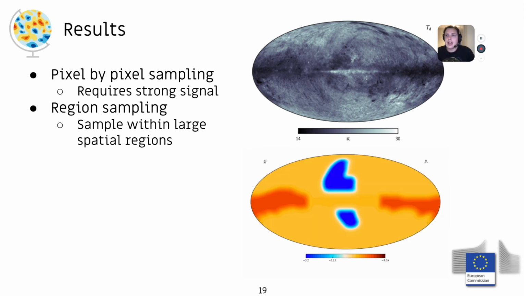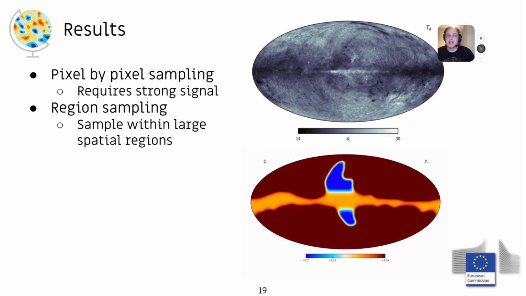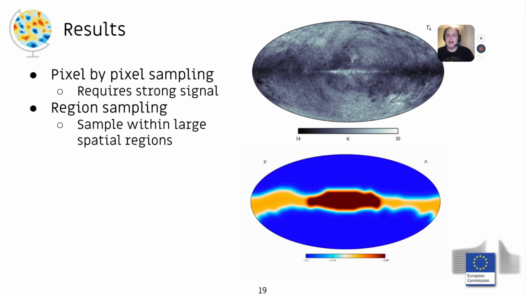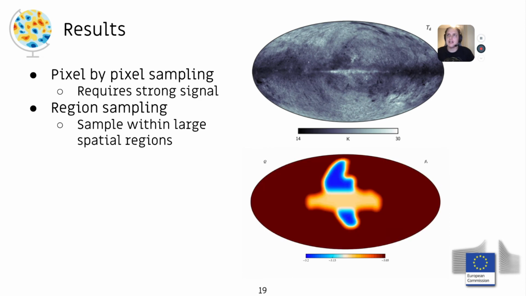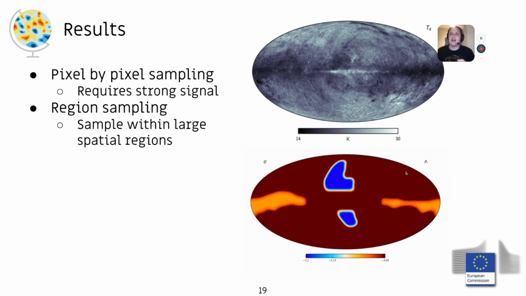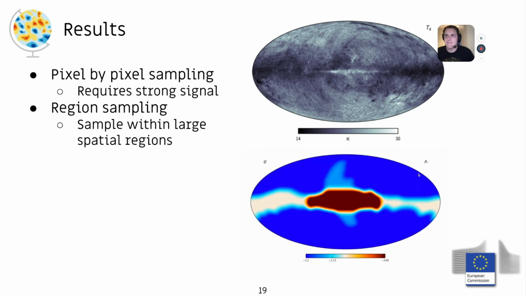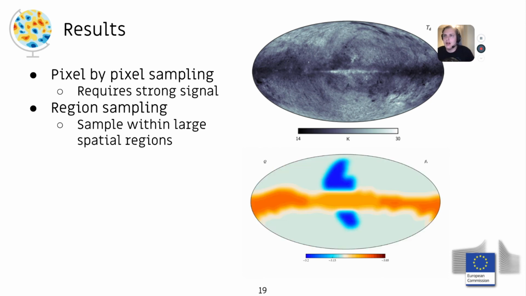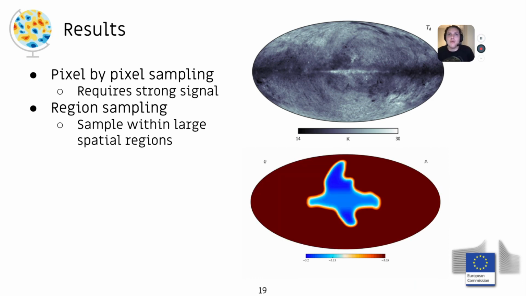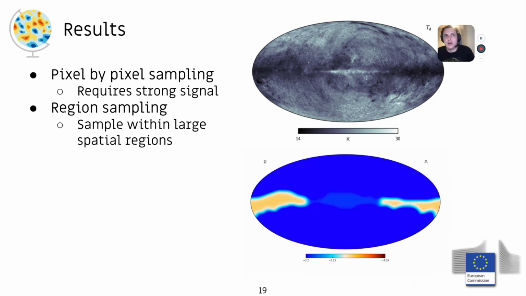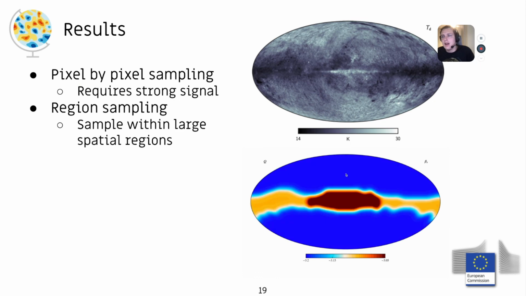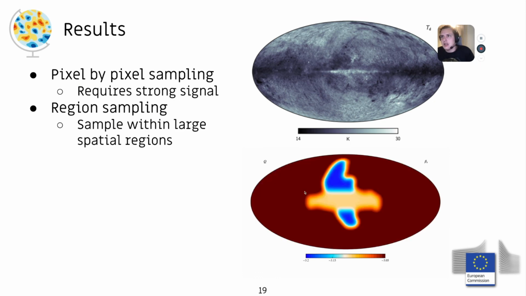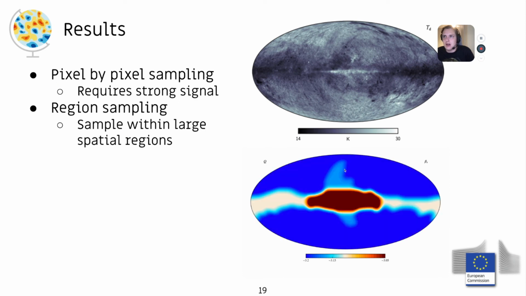In other cases, for example, where we might have less signal, but we still want to sample the large scale variances across the sky, so not necessarily just pixel to pixel, but just very coarse spatial variance, we can divide it into regions. So we use what we call region sampling, where essentially the spectral index map is 4 pixels, but these pixels are defined by us.